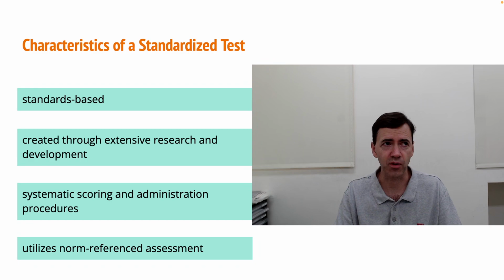So if you remember what that is, a norm-referenced assessment is when your score is put into a certain group or a certain standard. So if you want to say that you have a C1 English proficiency, then you need to meet certain standards, or you have to get a certain score on an exam, and they will put you in that group. It's not just based on the percentage that you got correct.